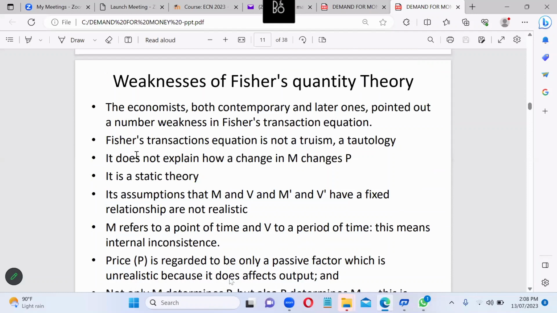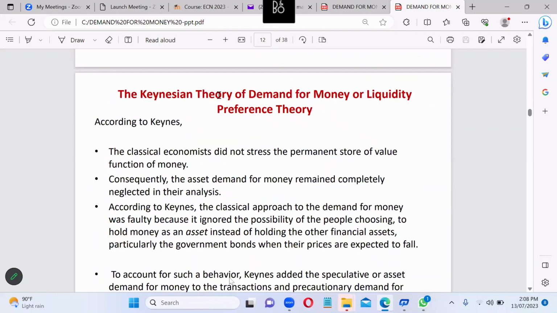Another development, or another approach, is the Keynesian theory of demand for money, or liquidity preference theory. The classical economists did not stress the store of value function of money. Consequently, the asset demand for money remained completely neglected in their analysis.